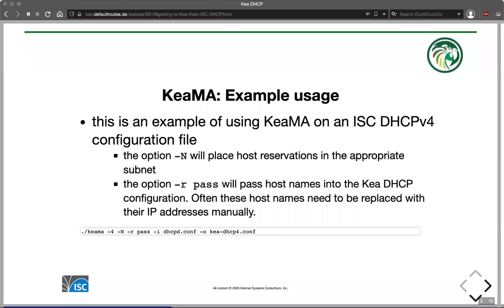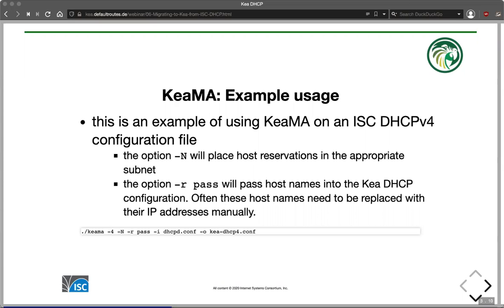ISC DHCP only knows about global reservations, so every host reservation is always in a global scope. With Kea DHCP, you have more options. With Kea, the reservations can be inside a subnet, or they can be on a global scope.